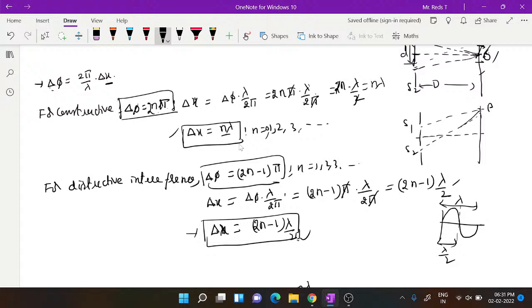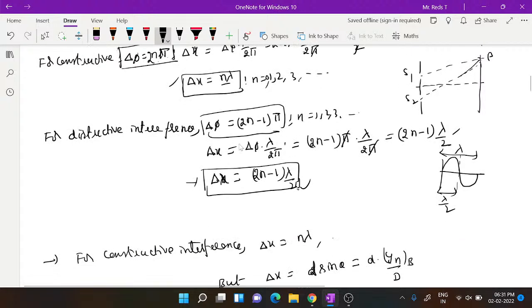So you can say the conditions are as follows. The condition for constructive interference in terms of phase difference is an integral multiple of 2 pi, and in terms of path difference, an integral multiple of lambda, that is n lambda. The condition for destructive interference in terms of phase difference is (2n minus 1) into pi, and in terms of path difference, (2n minus 1) into lambda by 2.